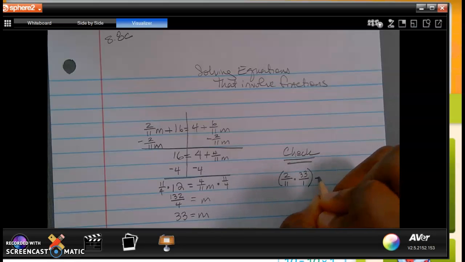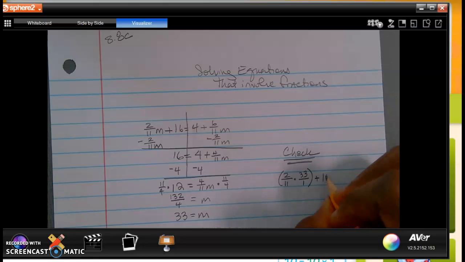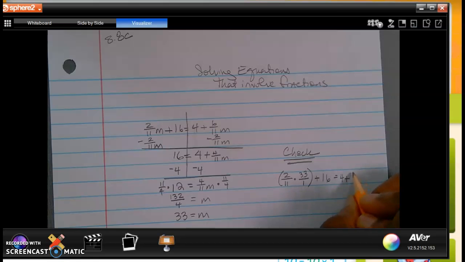We know that that is equal. I'm going to set everything up again. I am setting this up as 4 plus 6 over 11 times what my equation said that this was.